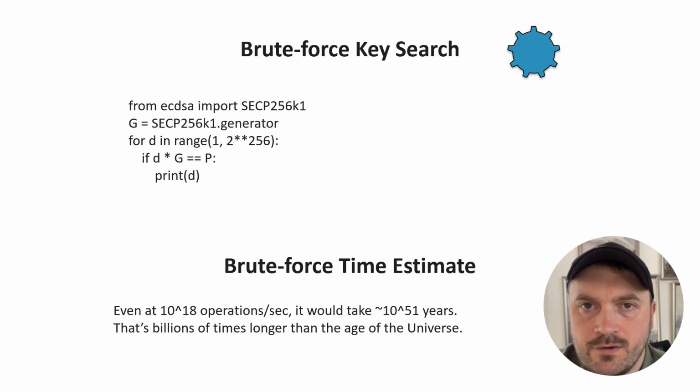So, as a conclusion, hacking Bitcoin with a regular computer is impossible. Not because someone forbids it, but because the math itself makes it impossible. Even if you search keys with a billion machines at a billion speed, you need time billions of times longer than the age of the universe.